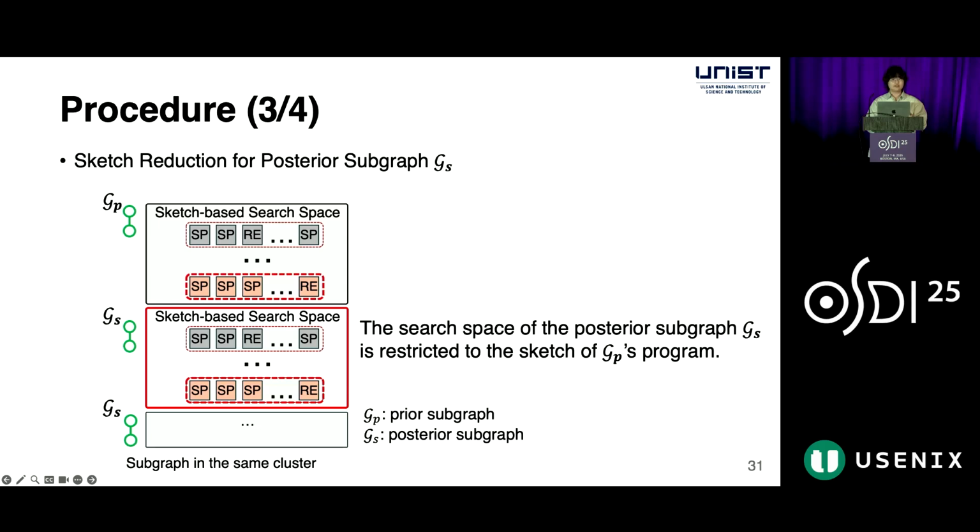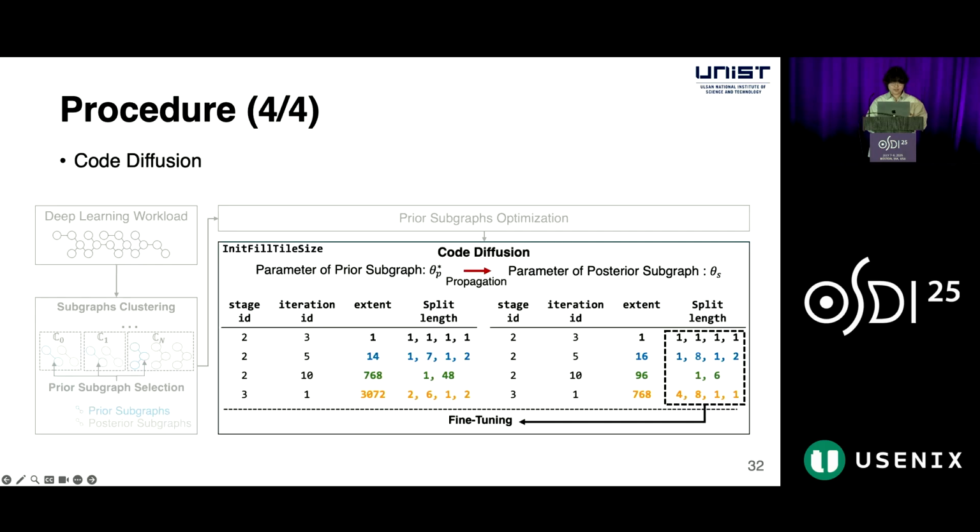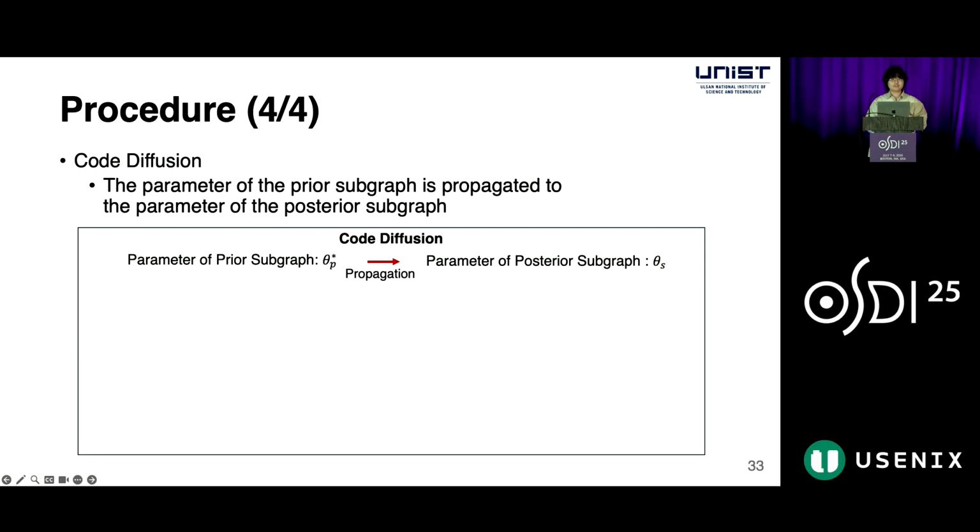Instead, we focus only on the sketch that worked well for the prior subgraph. The final step is code diffusion. Code diffusion is the process of propagating optimized parameters from the prior subgraph to the posterior subgraph.